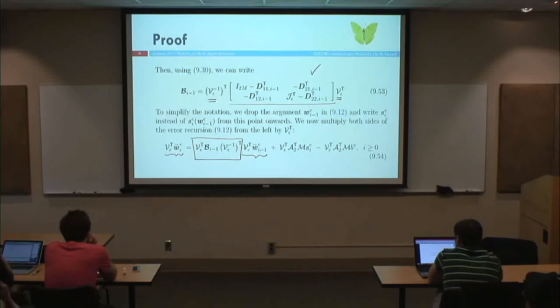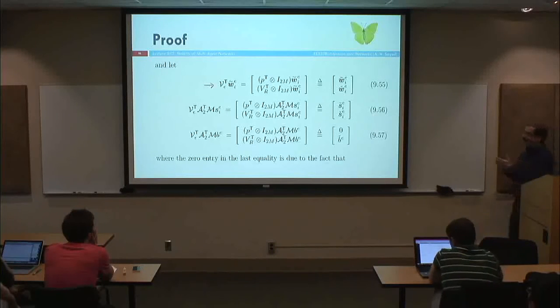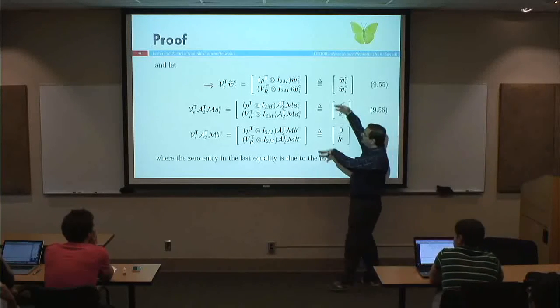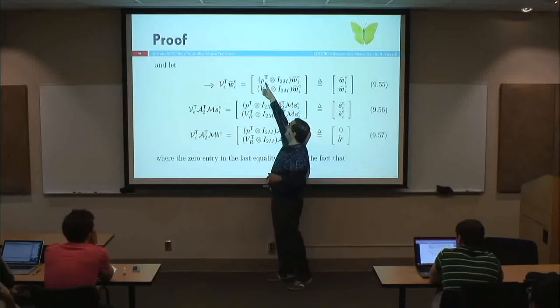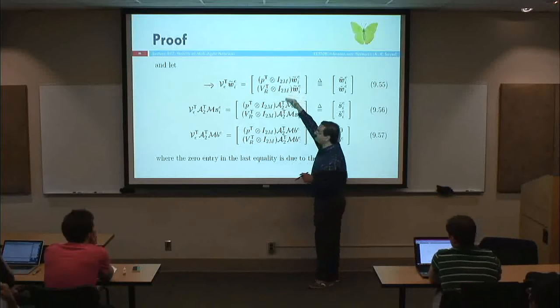So let's look at this. So here it is, you see. Remember that V epsilon transpose is P, V_R transpose. So V epsilon times W tilde will contain 2 parts, right? The P and the V_R times the W tilde.